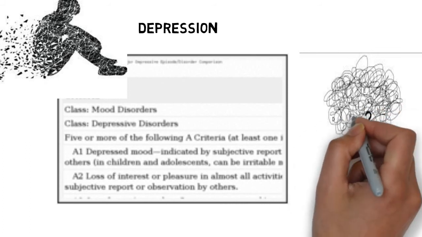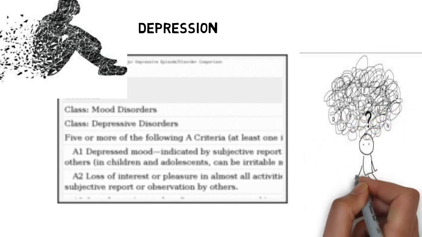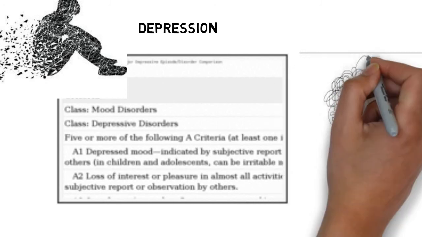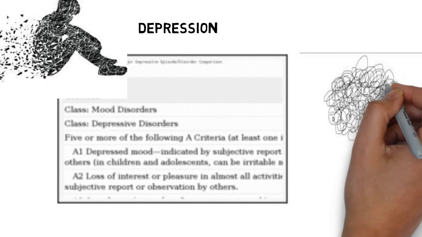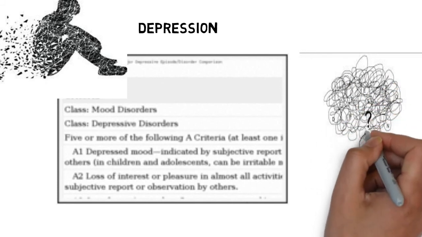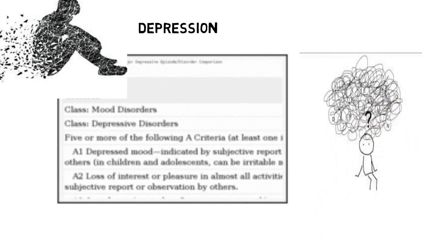They don't have any fun doing the activities that they used to do before. They don't want to hang out with their friends. They just don't care about eating or doing anything. They just feel nothing. Nothing feels good anymore. And then the individual has to have at least four of the symptoms in addition to this sadness or anhedonia.